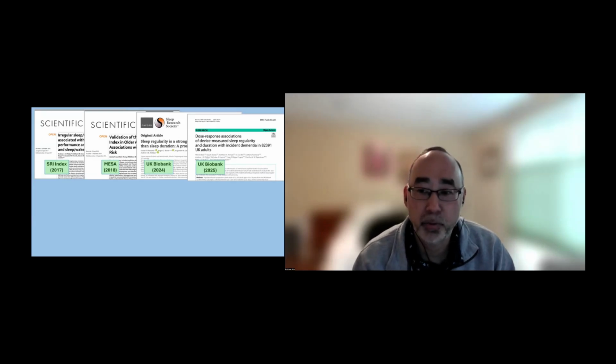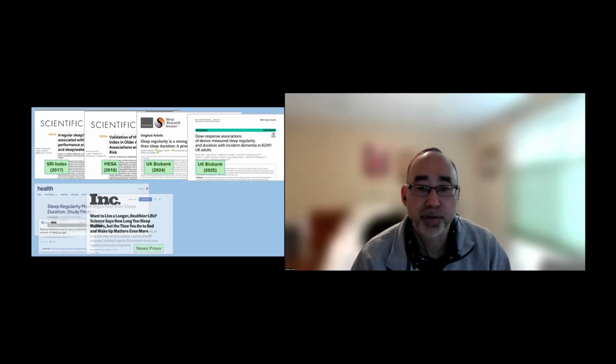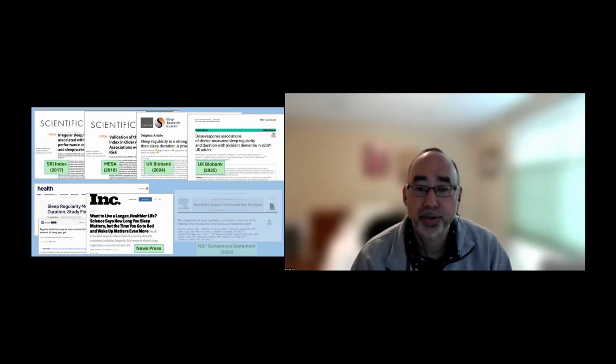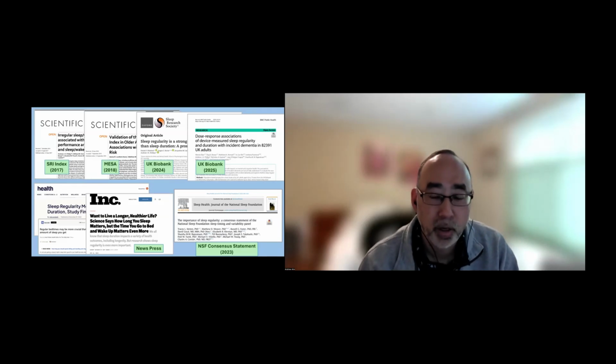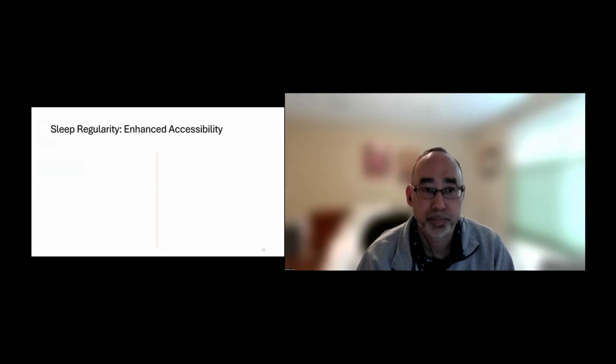And it showed that sleep irregularity had a dose response correlation with dementia incidence. And all of this received a decent amount of attention in the news. And also, the National Sleep Foundation put out the consensus statement in 2023, which we'll talk about later, which truly emphasized the importance of sleep regularity.